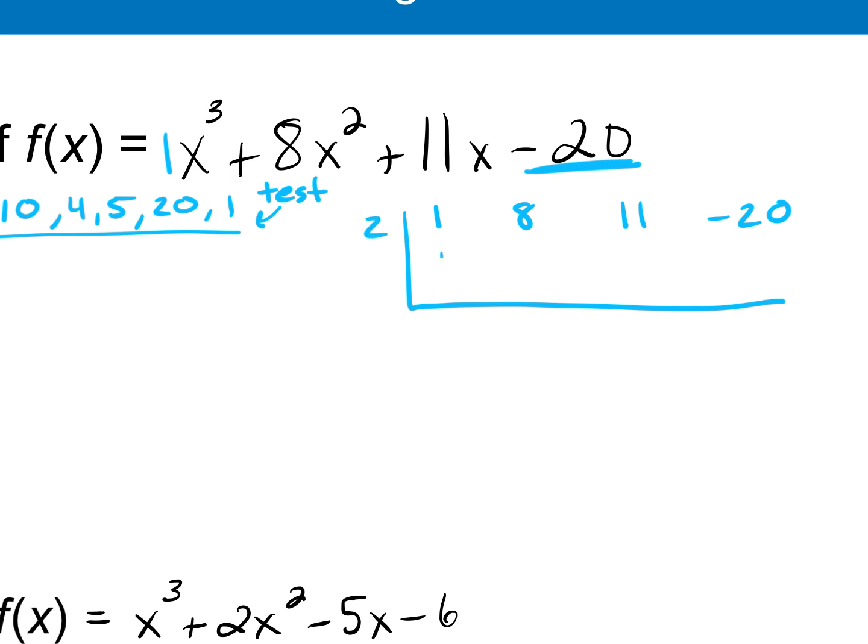I'm going to drop down the 1, multiply, add, we get 10, multiply 20, add 31, multiply 62, add 42. Does it work? No, doesn't work. So let's try something else. As soon as you realize it's not going to work, you can stop and try something else. This is just trial and error.